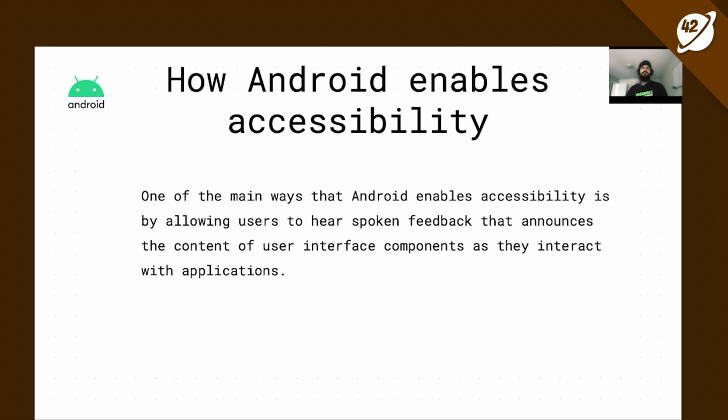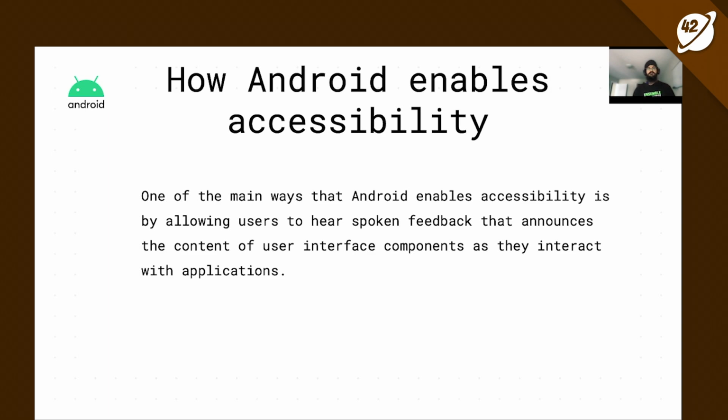We know generally the definition of accessibility and why it's important. And if we enable accessibility in our applications, it also helps people who don't actually have any kind of disability issues.